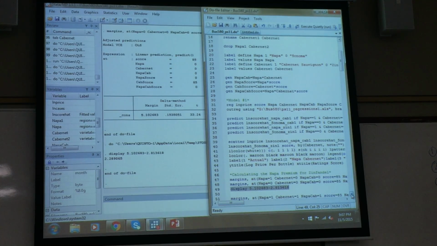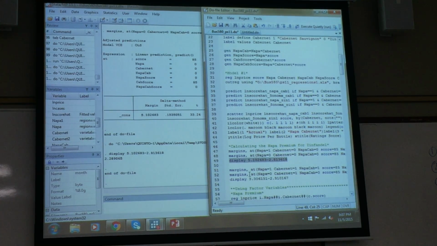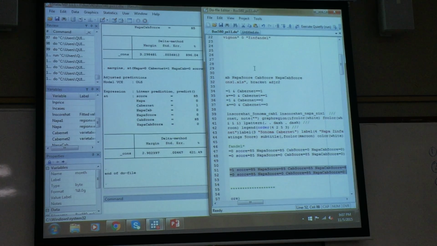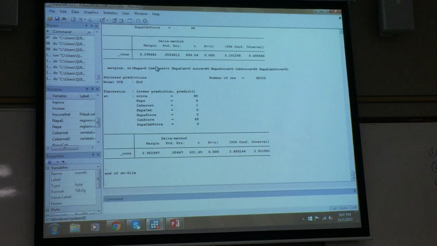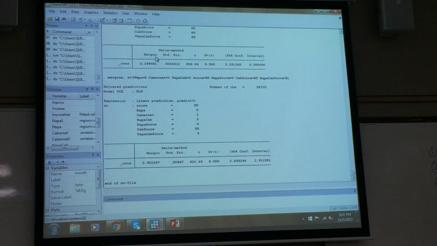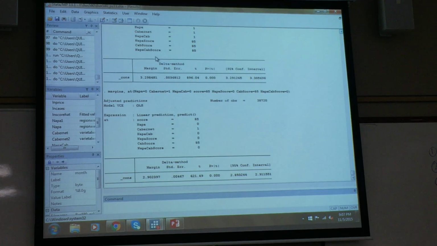So let's do these. Napa Cab, so it's Napa, it's a cab. Log price is, where'd it go?